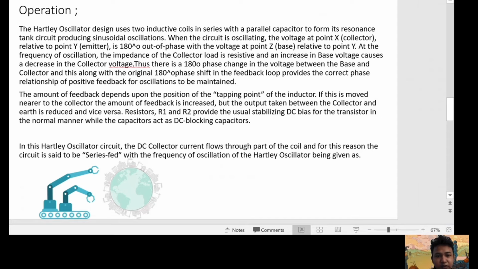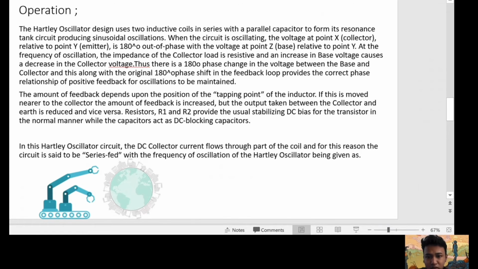The amount of feedback depends upon the position of the tapping point of the coil. If this is moved nearer to the collector, the amount of feedback is increased, but the output taken between the collector and earth is reduced, and vice versa.